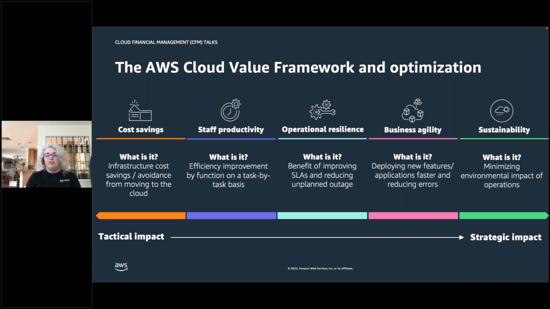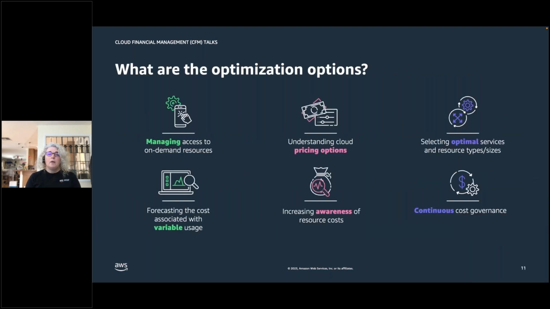So when we talk about optimization, it goes back to those ideas. Some of those optimization areas are managing your access to on-demand resources, being able to turn it off, and forecasting with variable usage, such as auto-scaling groups or different sizes of machines at different times.